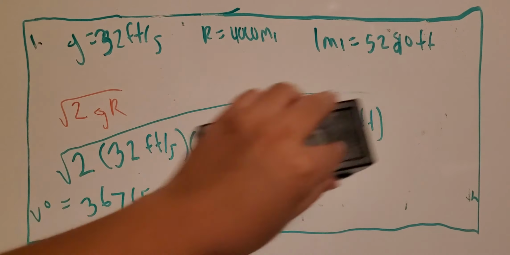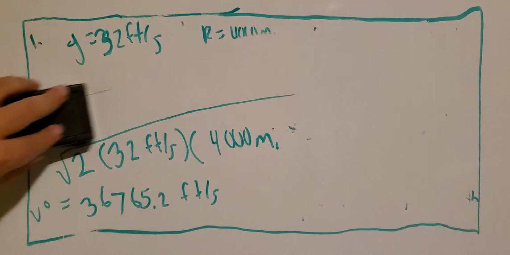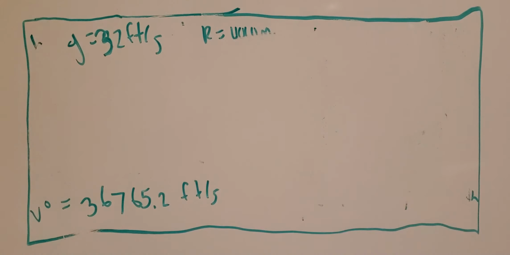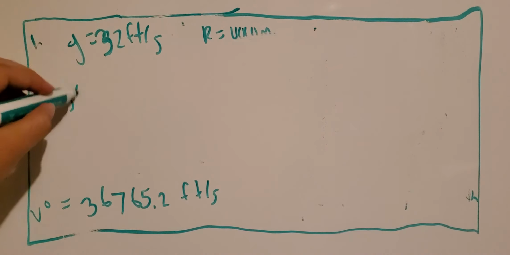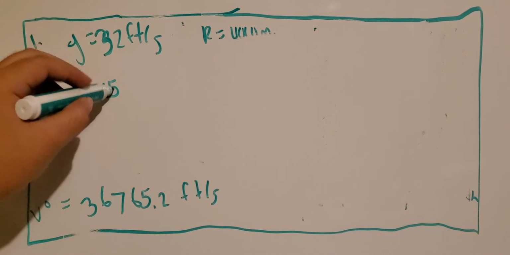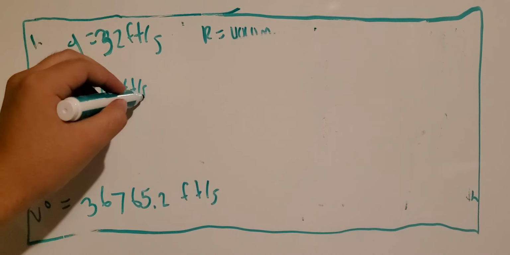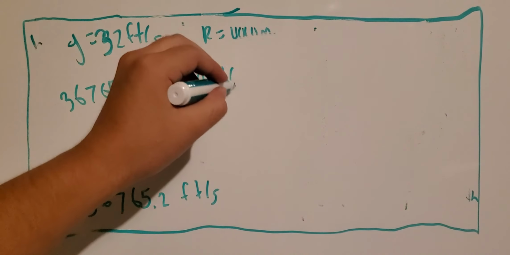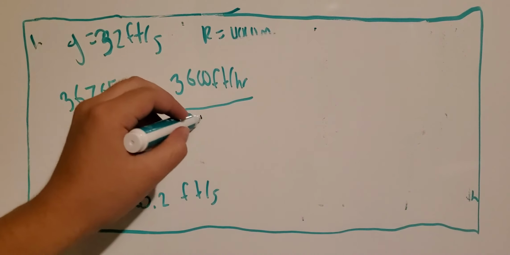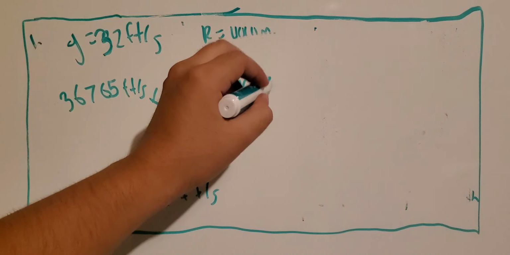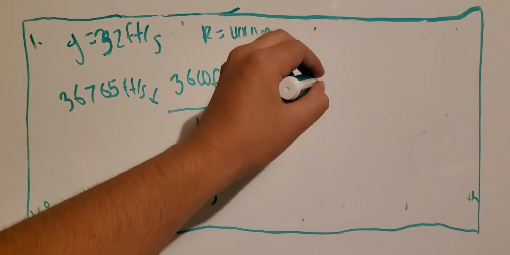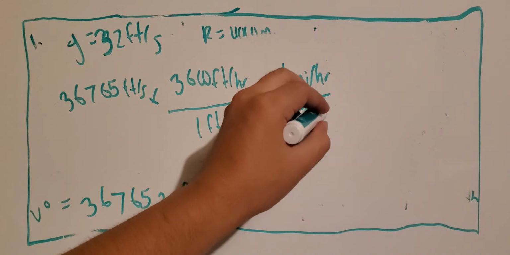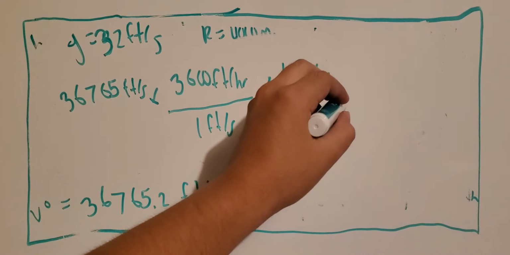That's the answer, but since we're going to convert the units, we shall do some dimensional analysis. 36,765 feet per second times 3,600 seconds per hour divided by 1 foot, times 1 mile per 5,280 feet.